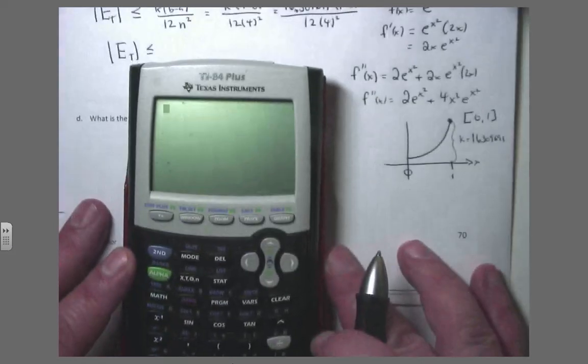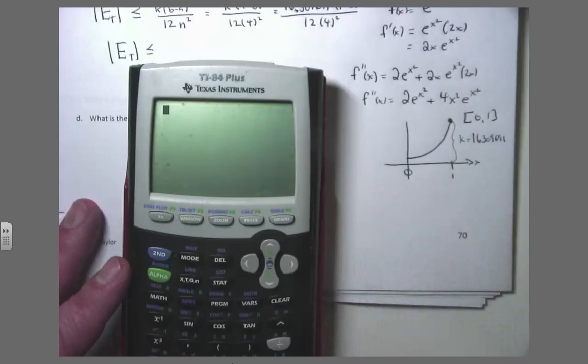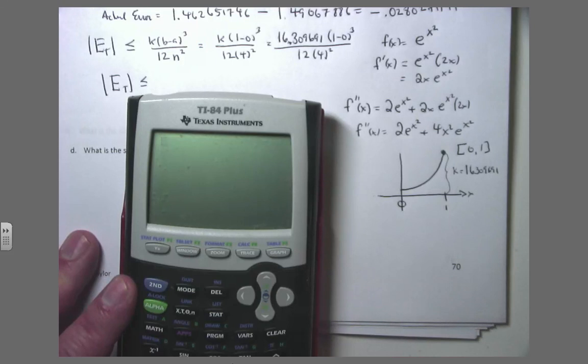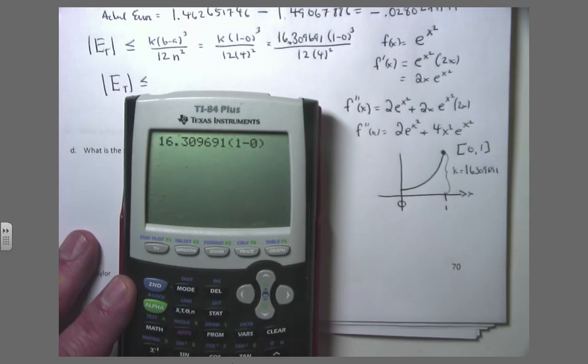I'll put it up here so you guys can see this thing. All right, here we go. It is 16.309691 times 1 minus 0, I don't really need to do that, but I'm doing it for your benefit, cubed. 1 minus 0 is 1, cubed still 1.